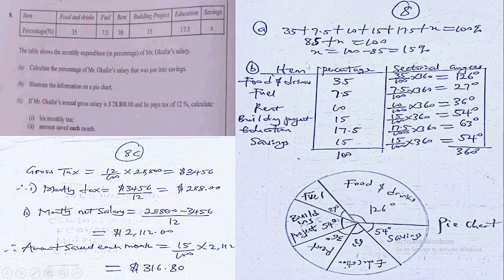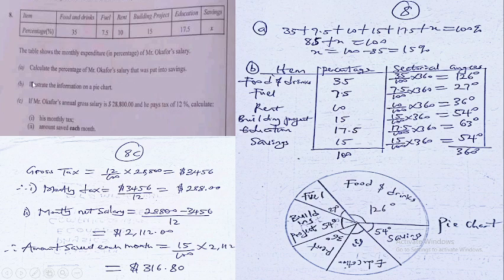That's what we did here: 35 plus 7.5 plus 10 plus 15 plus 17.5 plus s will give us 100%. If you add this together, we have 85 plus s equals 100. Then s equals 100 minus 85, which gives us 15%. So 15% of the salary was saved. That is the value of our x, 15%.